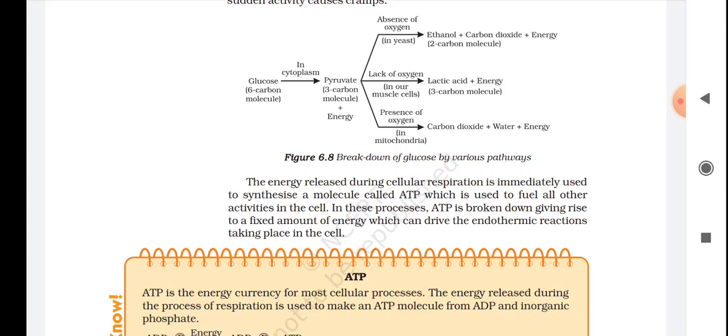One is the Krebs cycle, second is the ETC. The Krebs cycle produces carbon dioxide, 6 molecules. And the second is water and energy. This water and energy we get in the second step, that is your ETC, the electron transport chain. During this process a large amount of energy is released, which is stored in the form of ATP. So this is what the energy is saying, that is ATP, right?